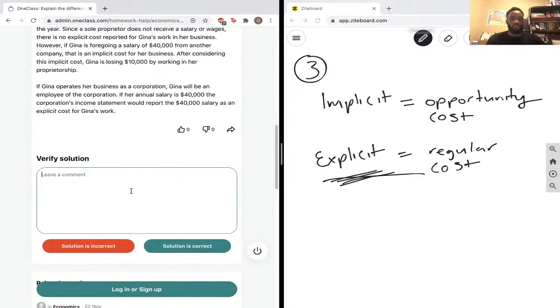So we'll say for the most part, this is correct. But some of the explanation is wrong.